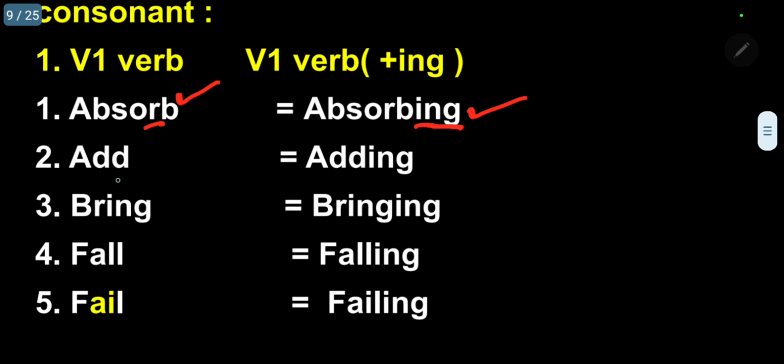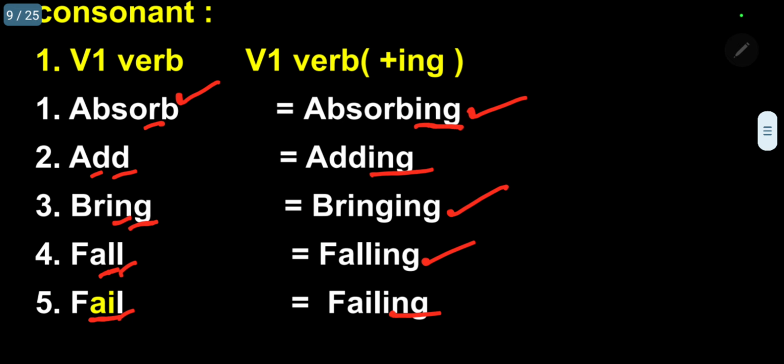The same way, D. Kindly follow, I am adding ing because the preceding letter is a consonant. G, the preceding letter, consonant, bringing. Then L, the preceding letter is L, so falling. Then fail, L. In this case, the preceding two vowels, more than one vowel, so only ing. Kindly follow. This is the only thing I informed you.